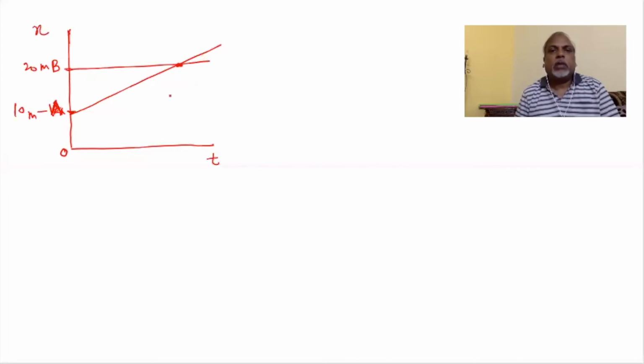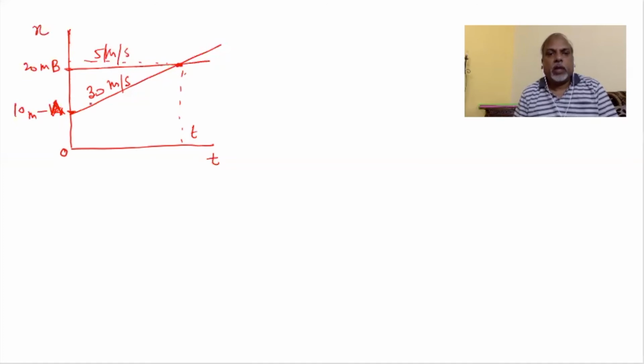So this type of questions can come: at what time they are going to meet or at what distance they are going to meet. Here the problem is car B is ahead of 10 meters from car A and they are starting, suppose this is starting at 30 meter per second, this is starting at 5 meter per second.